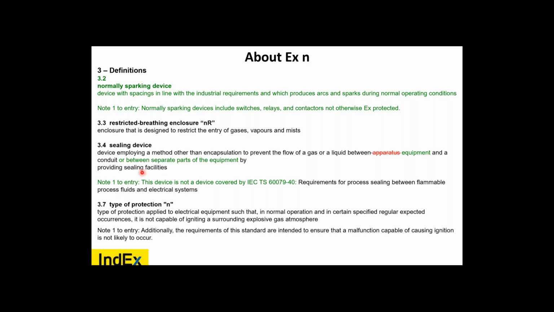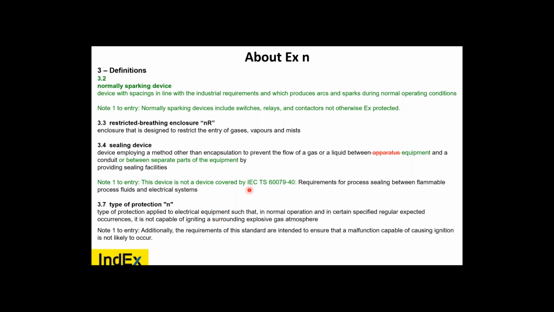Now, what's EXNR? An enclosure that is designed to restrict the entry of gases, vapors, and mists. Now, is humidity a vapor? Certainly is. So not only does it prevent the hazardous atmosphere from getting in and out, it also stops humidity from getting into a cabinet. What about sealing devices?